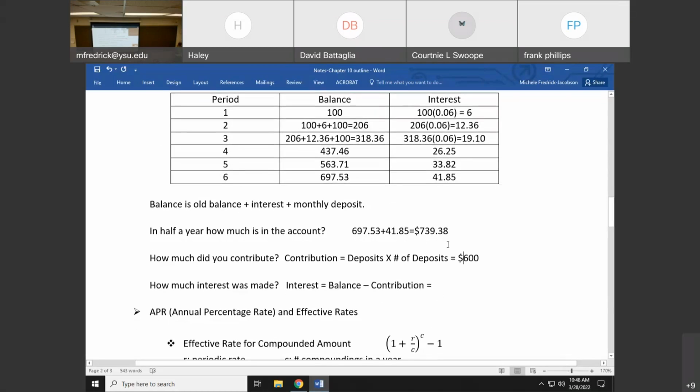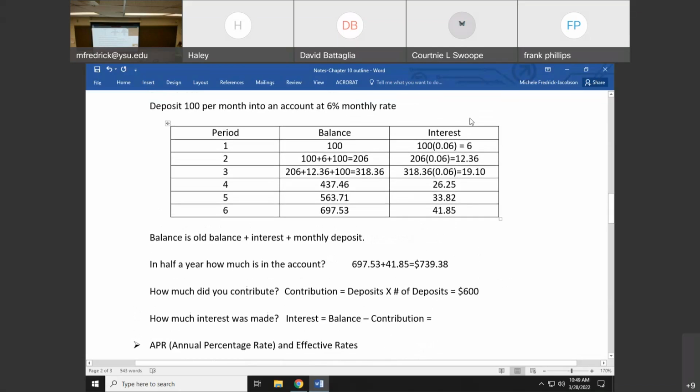Now what you could do is subtract these two because you know the total in there and the 600, or you add up your interest. You could double check yourself by doing both and make sure they match. But you could just add down the interest, or 739.38 minus 600 is 139.38. So in 6 months, you made $137 in interest.